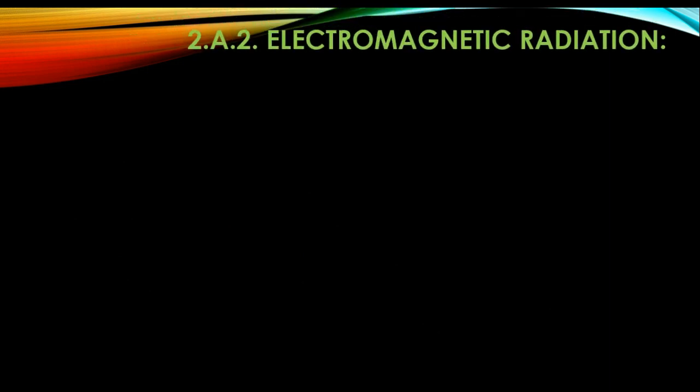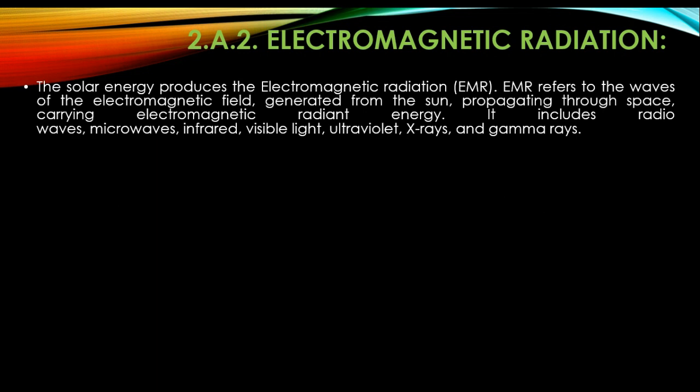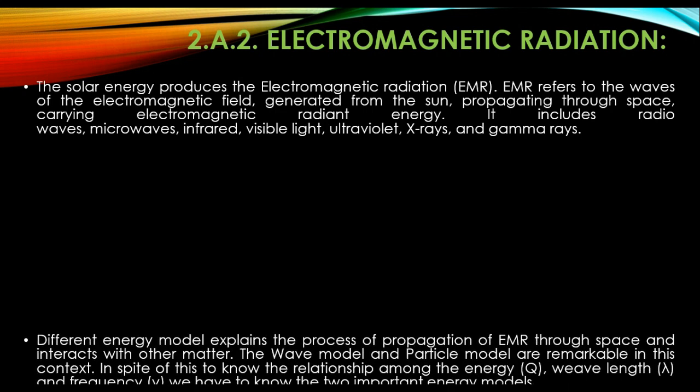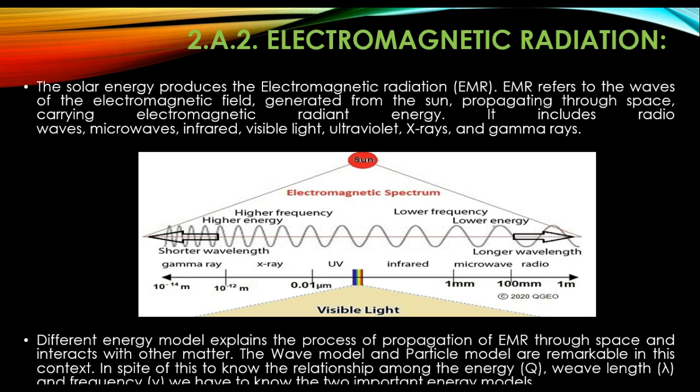Electromagnetic radiation. Solar energy produces electromagnetic radiation. Electromagnetic radiation refers to the wave of the electromagnetic field generated from the sun, propagating through space, carrying electromagnetic radiant energy. It includes radio waves, microwaves, infrared, visible light, ultraviolet, X-rays and gamma rays.